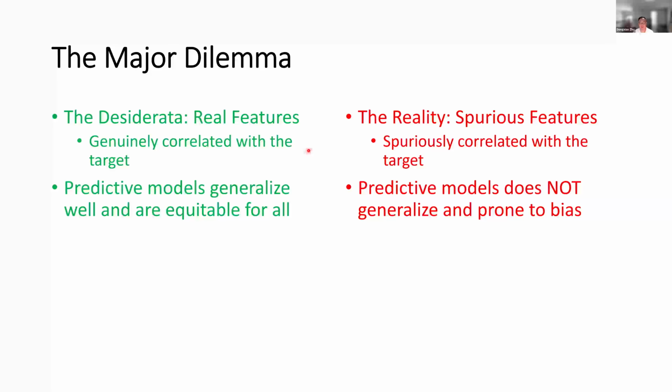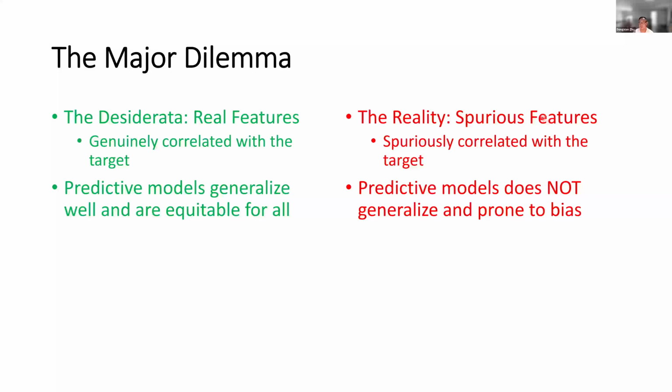fairness across groups. But unfortunately, in reality, the features we learn are not real. We call them spurious features, sometimes also called shortcut features in other literature. Those features are spuriously correlated with the target. Unfortunately, in many cases, our prediction models learn this type of feature and use those features to make the prediction.